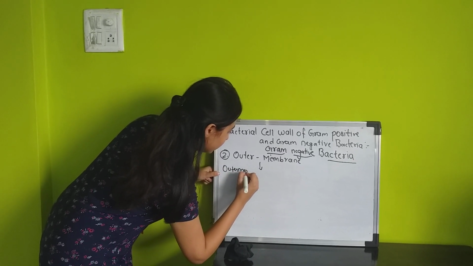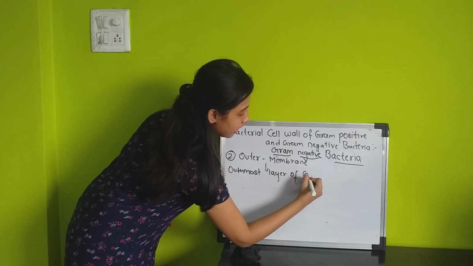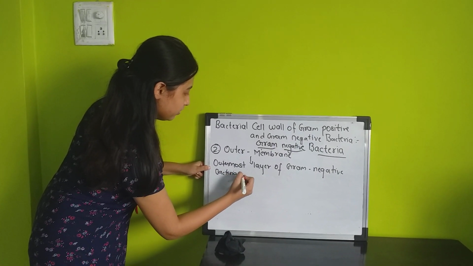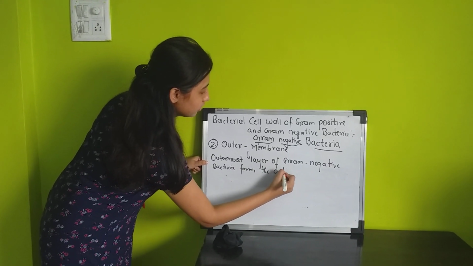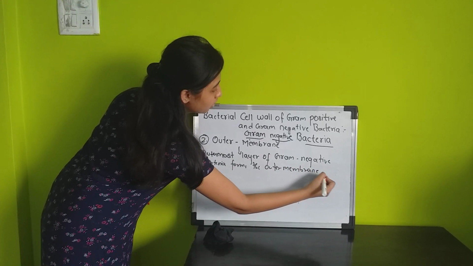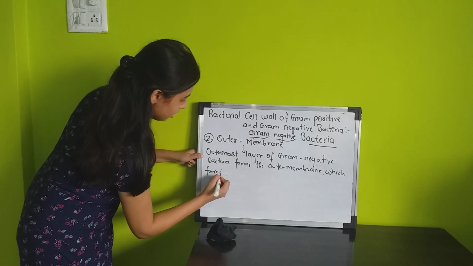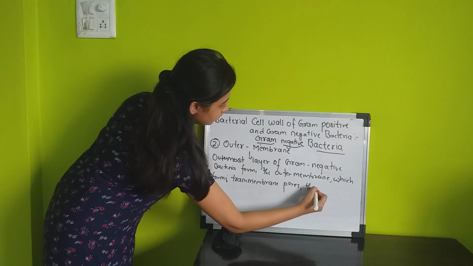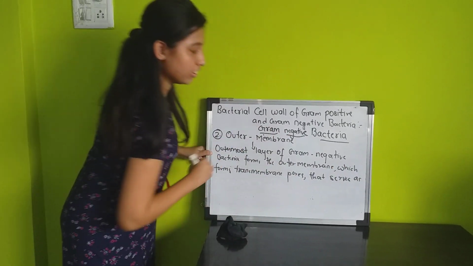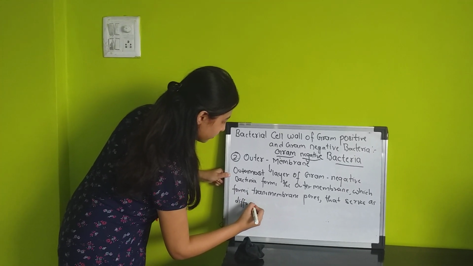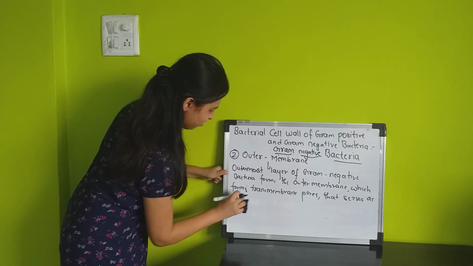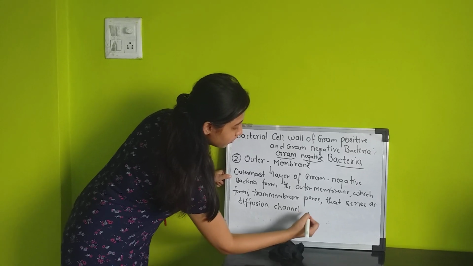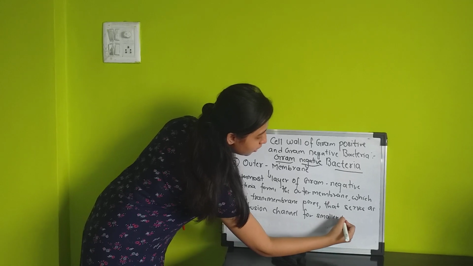So the outermost layer of gram-negative bacteria forms the outer membrane, which forms transmembrane pores that serve as a diffusion channel for smaller molecules.